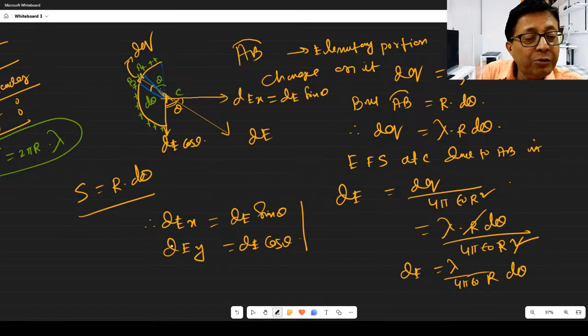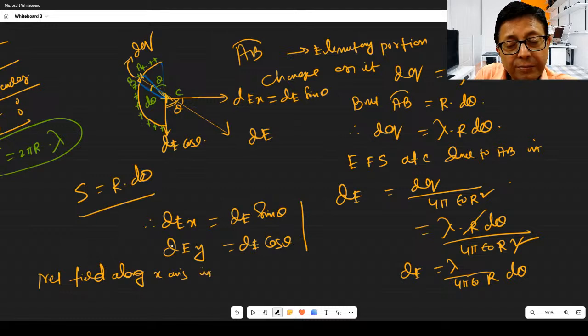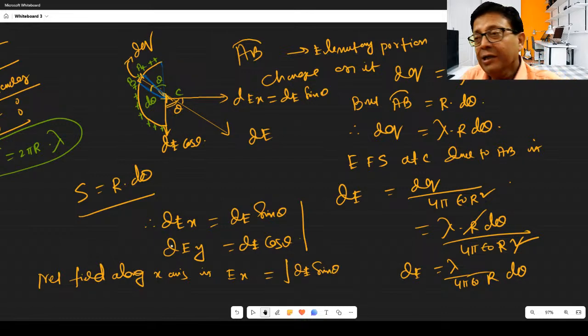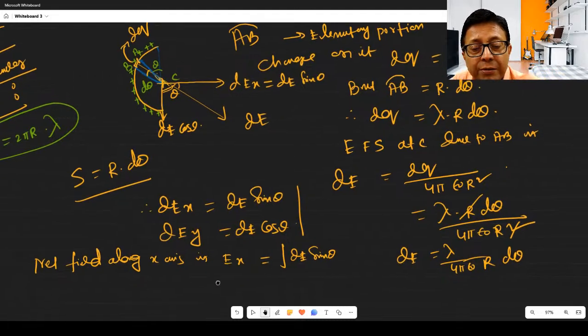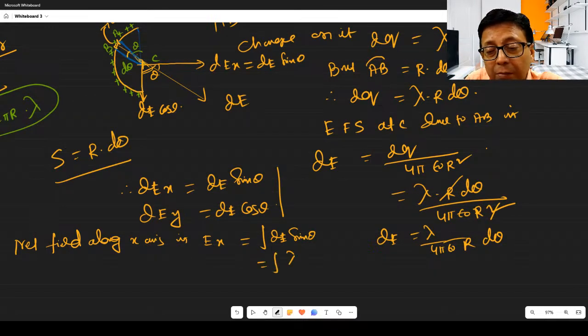So how will I find the component along the x-axis? Net field along x-axis, Ex, equals integral of dE sin theta. Okay? Put the value of dE over there: lambda by 4 pi epsilon 0 r.